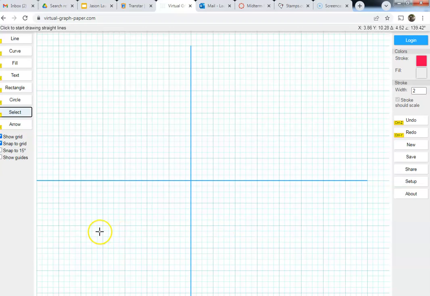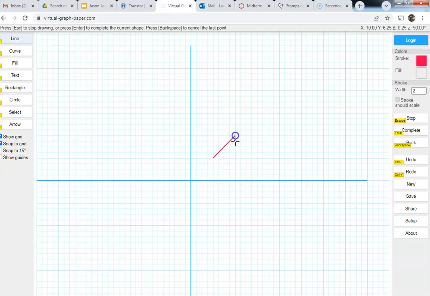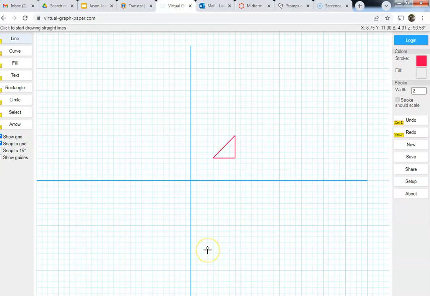So the first thing, let's look at that fold across the x, reflecting across the x-axis. Let's grab a line here and let's draw ourselves a triangle. So we've got the triangle here. The 2 main ways to do reflection is we can look at it logically, right? We can picture this with our minds how we would do it.